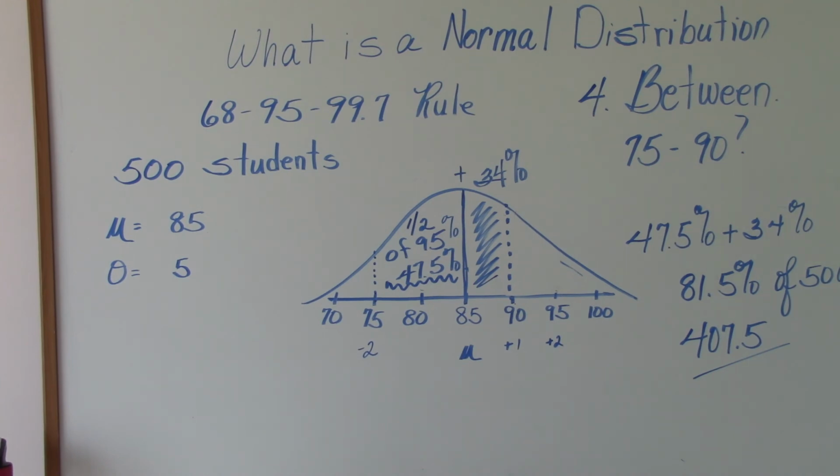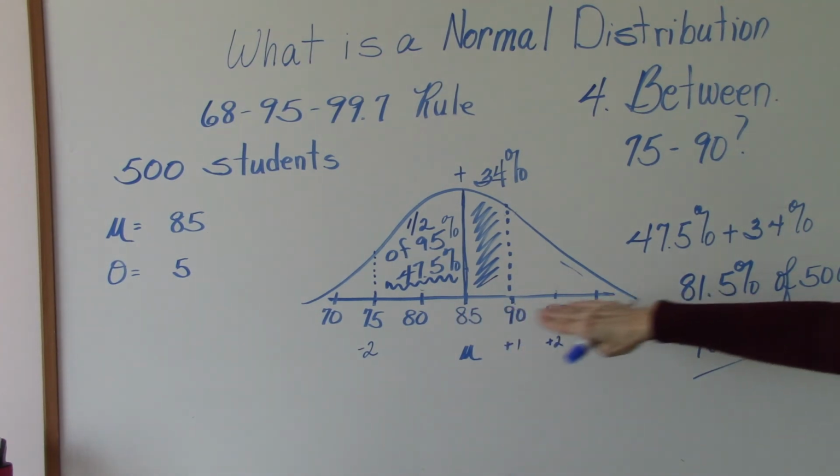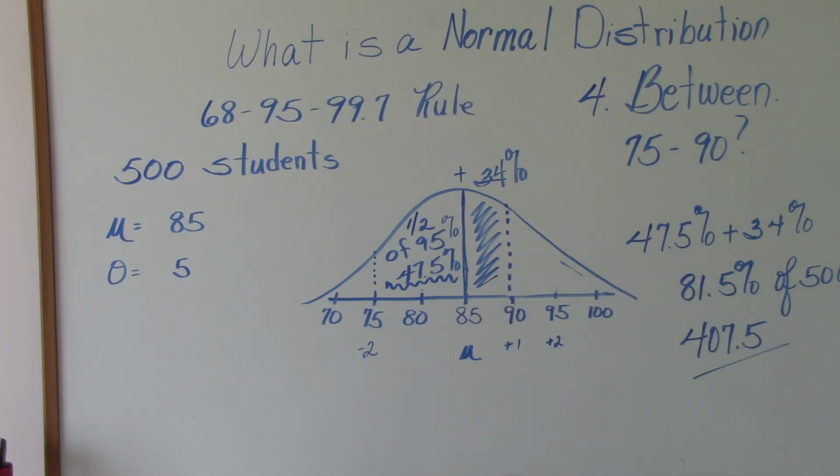So that's how we're going to use this normal distribution curve as well as the 68, 95, 99.7 rule. This is a great rule. It works really well when we are working off of those standard deviation numbers.